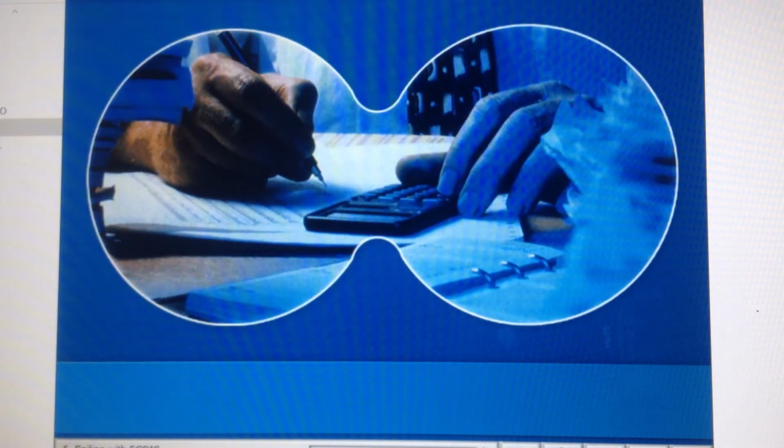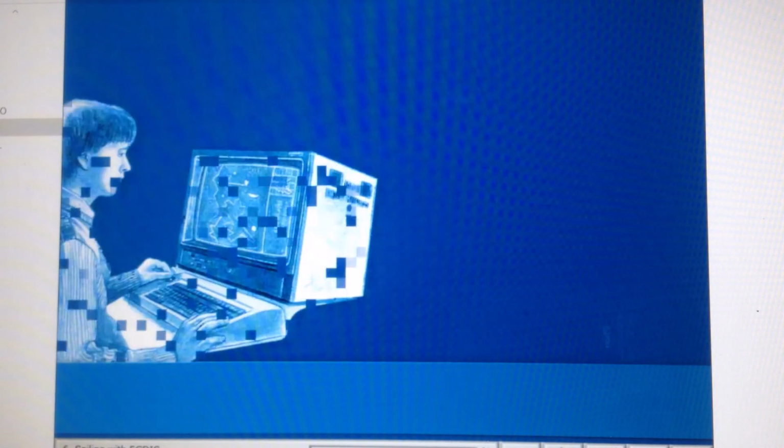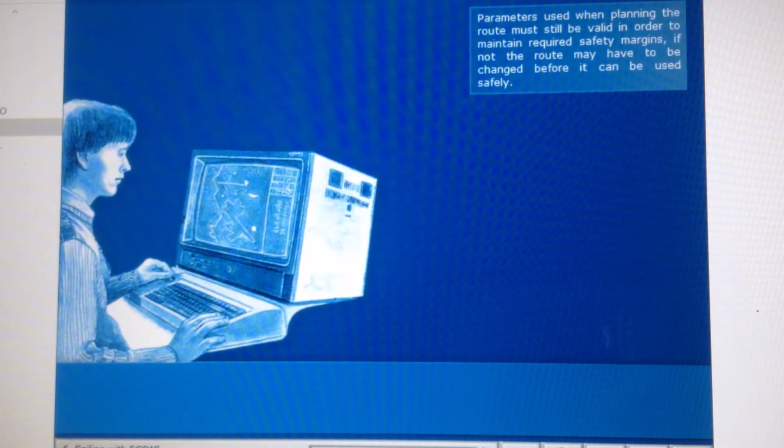For a professional navigator, it's a matter of course that the route selected for actual sailing is properly checked before it's activated and used for actual sailing. Parameters used when planning the route must still be valid in order to maintain required safety margins.